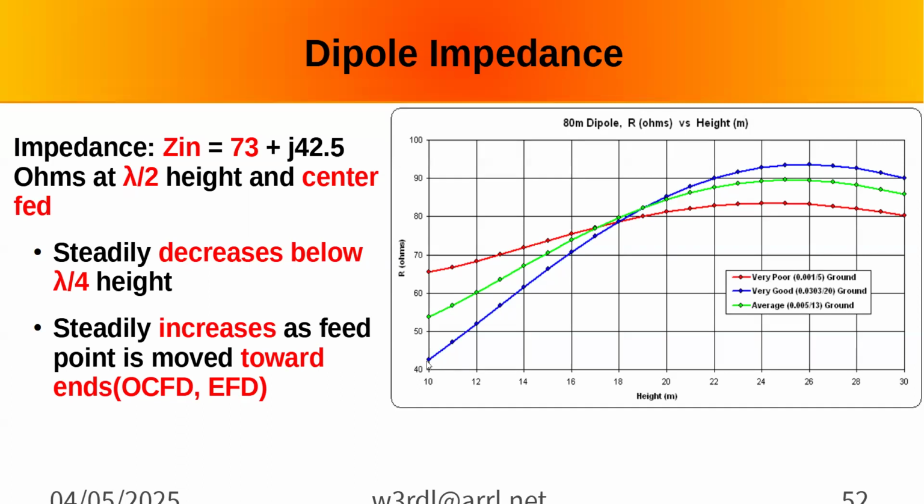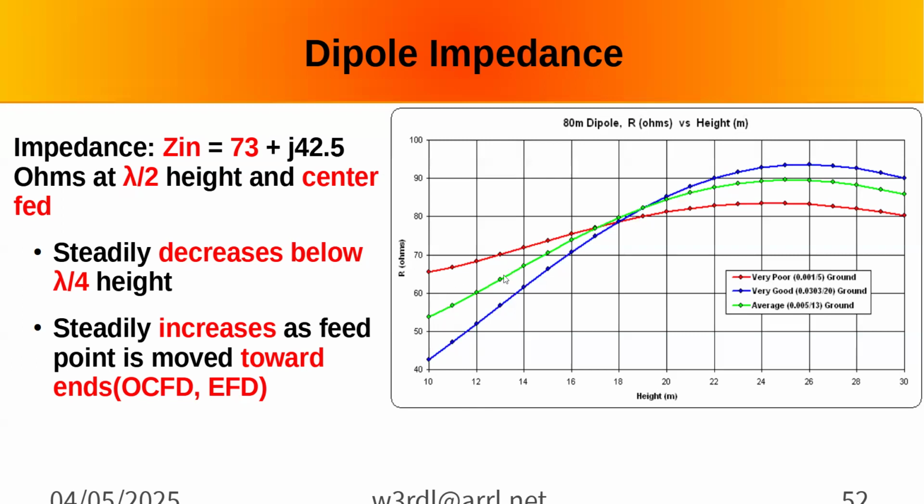You're down just a little above 40 ohms for good soil. It doesn't change as much on the poor soil, not as much as the blue line. The blue line is very good soil, so it has a bigger variation.